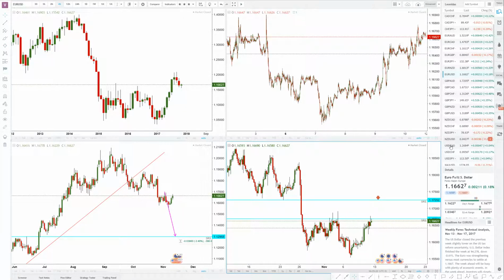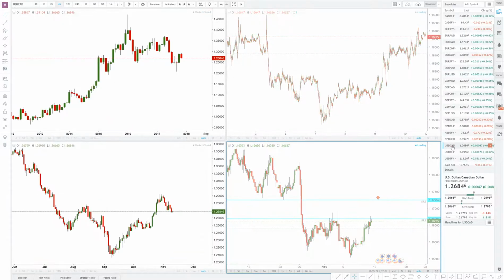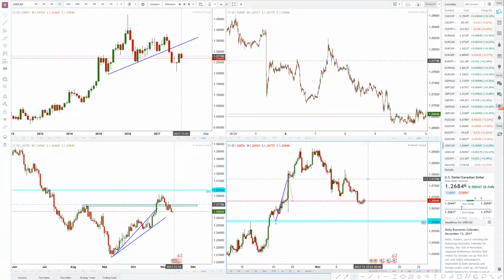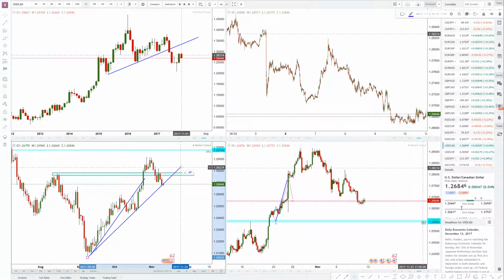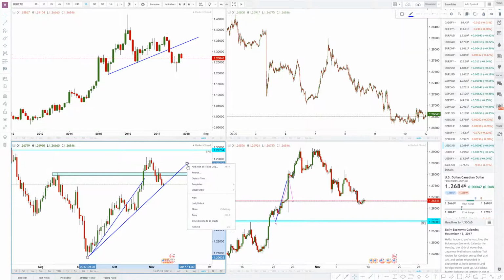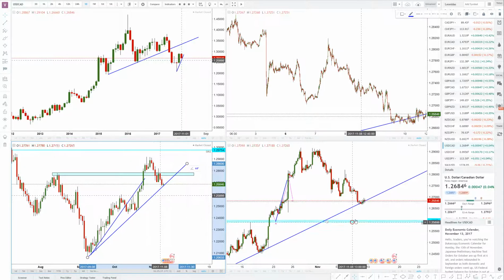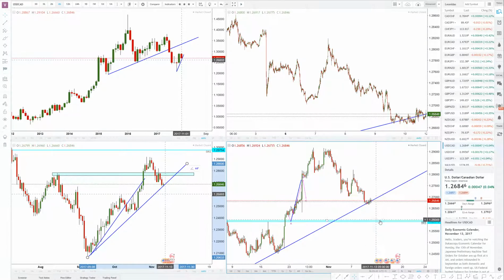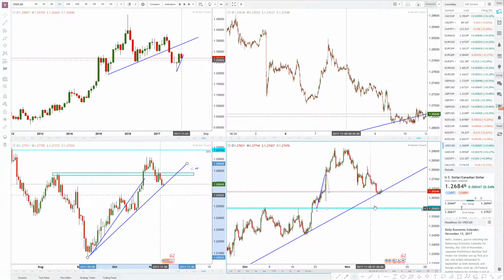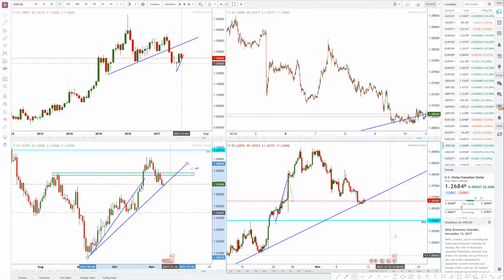We got UCAD going up, which I like because right here we're actually sitting right on this trend line. So this is probably a good buy. I'm actually waiting to buy at this SRS level, but I'm thinking that it might not come.